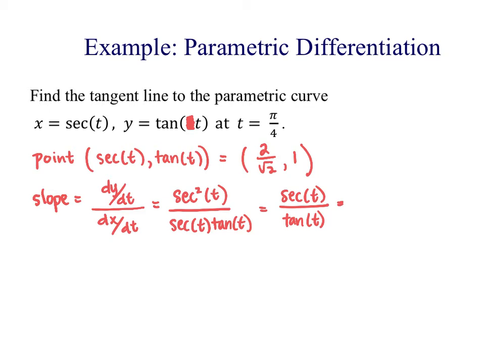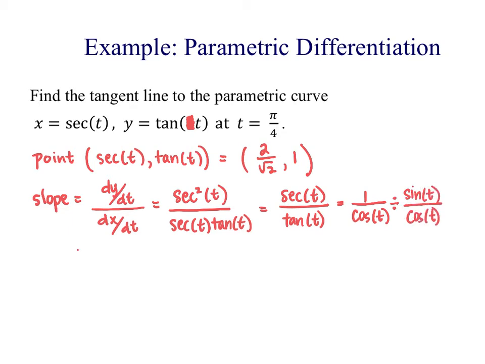And simplifying, we'll have 1 over the cosine of t divided by sine over the cosine of t.